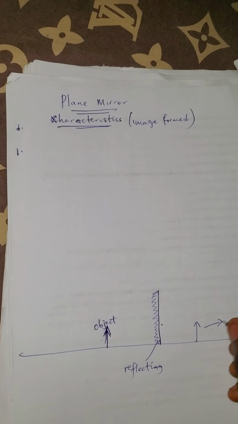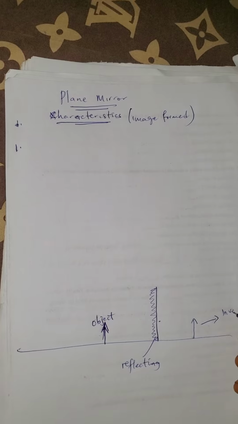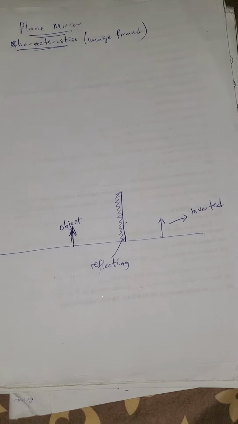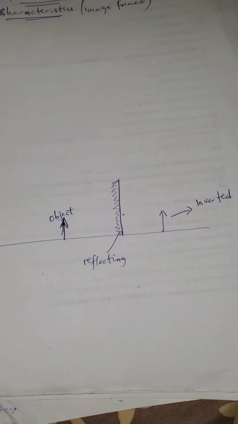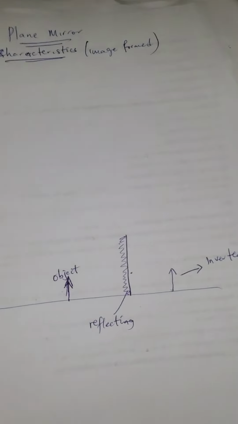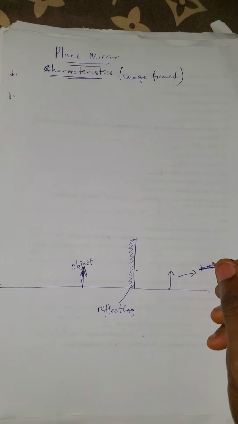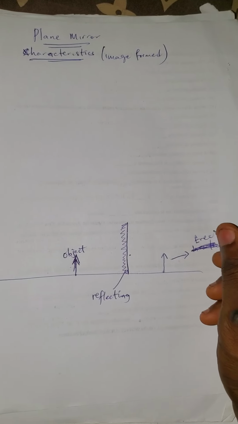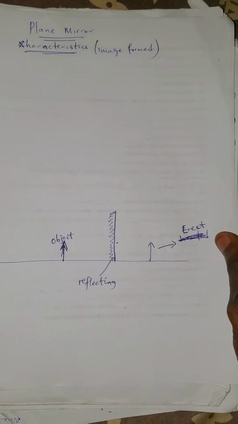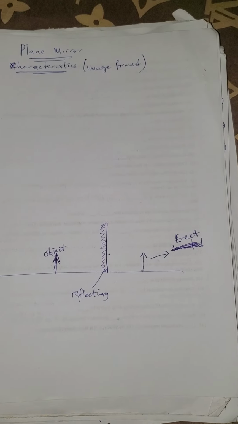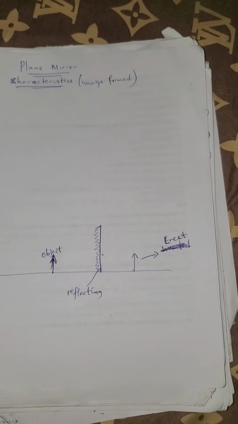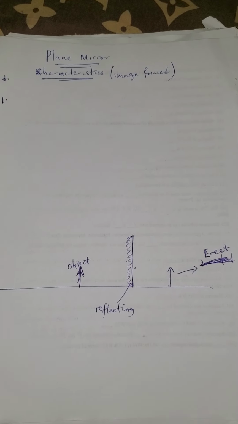Inverted means upside down, but erect means upright. So if the image is standing the same way you are standing, it will be erect, that is upright.